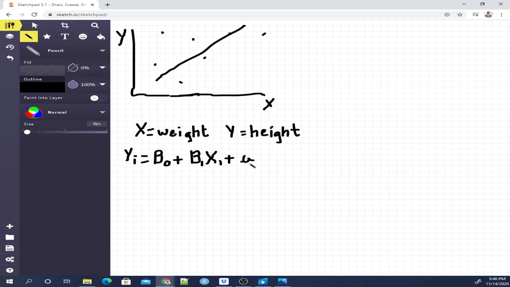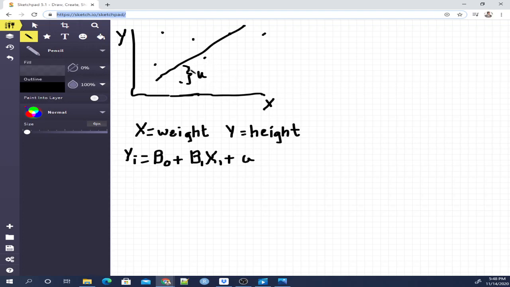Now the u is something unique to linear regression. The u is actually going to be the difference between the predicted value of the y and the actual value of this point right here. Formally, we call the u the error term. So right there, I went ahead and drew what the u is going to look like.